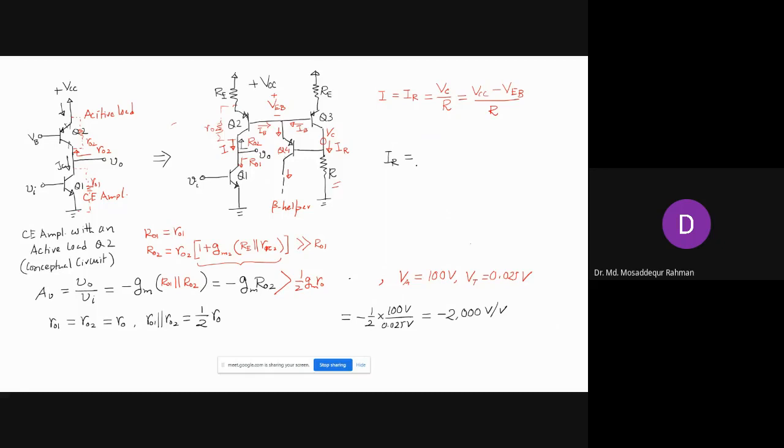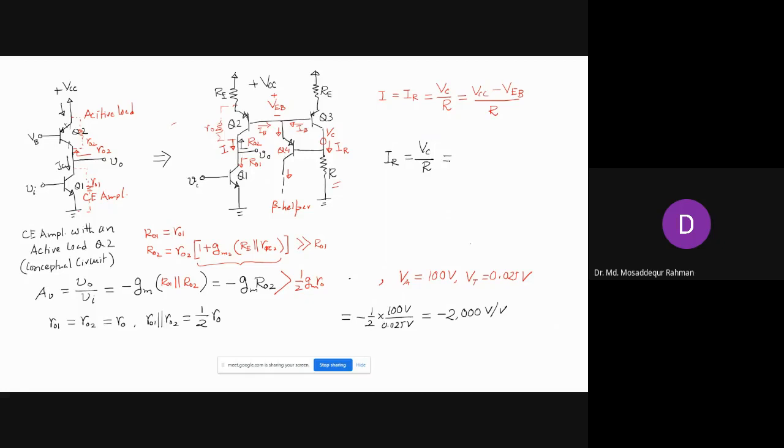Let's say we don't know beta, and then again you need to find IB. Then the question will be what will be IB. The same as before, we just start with VC by R: the voltage at this point, the collector VC, divided by the resistance R is the current.